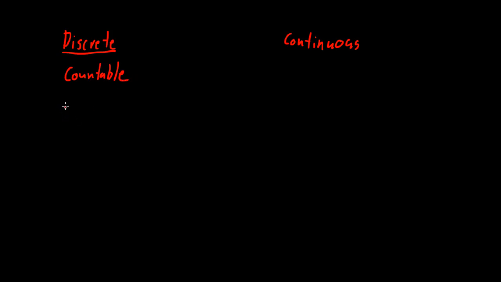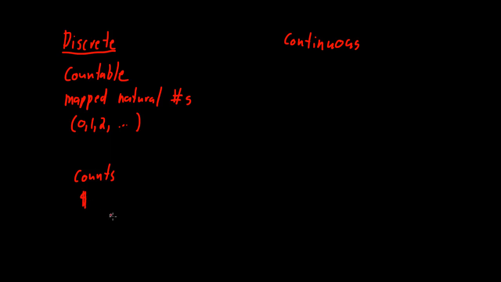And it's generally mapped to the natural numbers, so it can be mapped to the natural numbers. And the natural numbers are just the numbers that you'd use to count things. So these would be like 0, 1, 2, and so on, up to whatever number that we need, potentially infinity. Good examples of these are just counts of things. So we have counts, or like money, or anything else that has a discrete number of things.